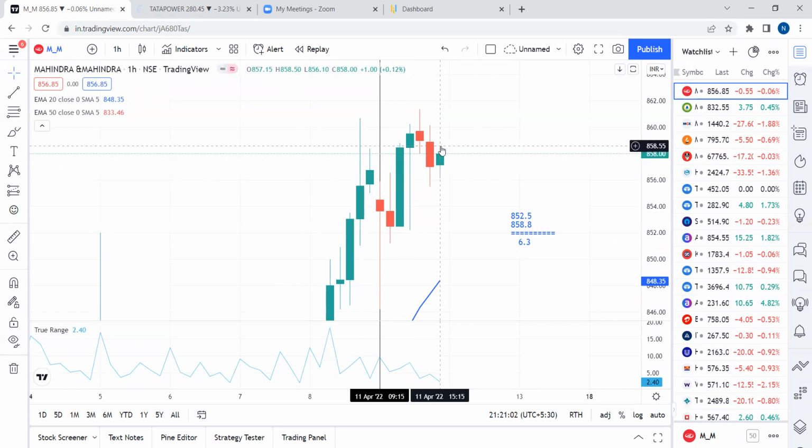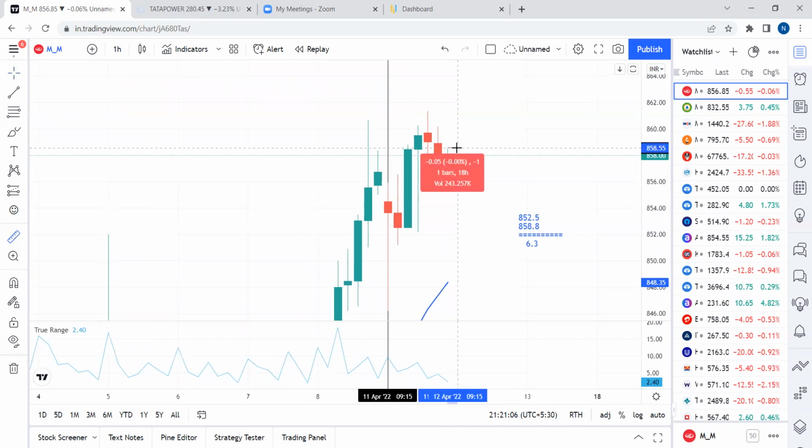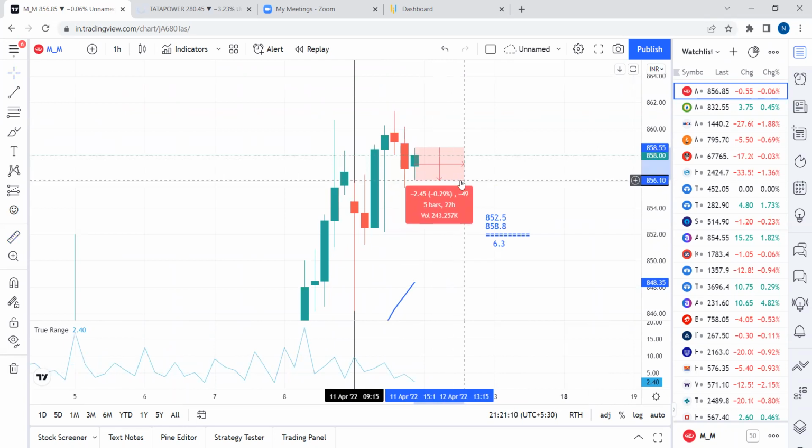From here to here, what is the length? I can show you this. 2.4. 2.4. There is a scale here. You can just check and draw.